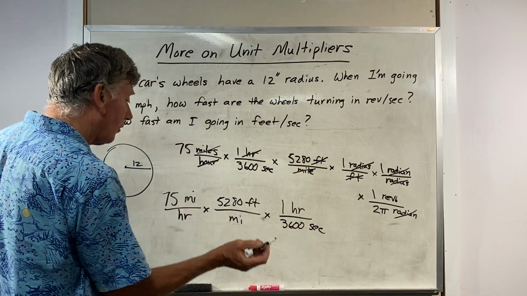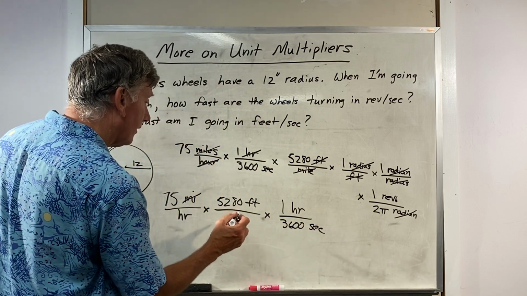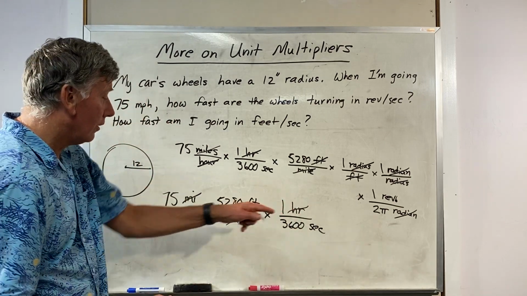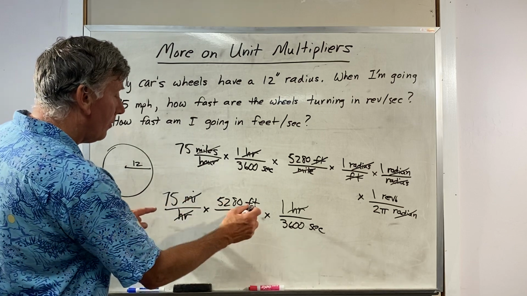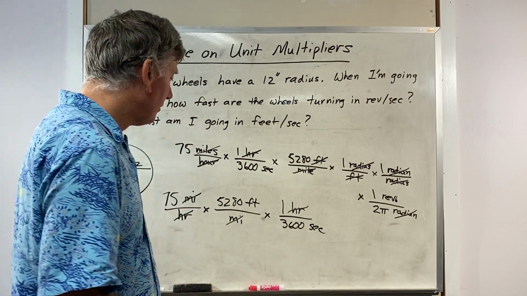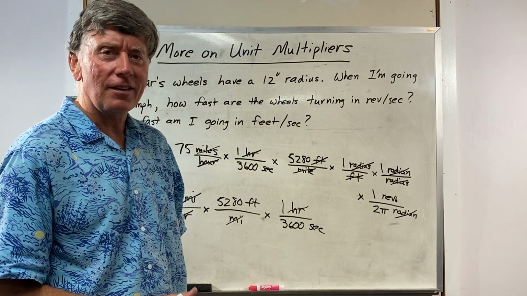I cancel miles and miles and hours, numerator, denominator. Whatever I multiply this out to be, that's going to be my feet per second. It's probably going to be about 90 or 100 feet per second.